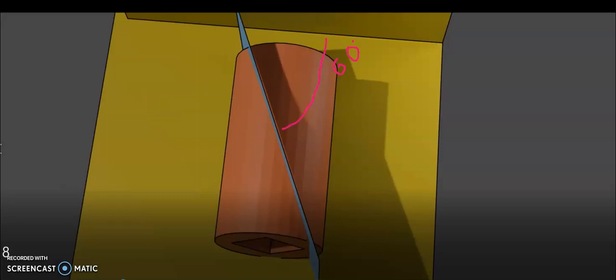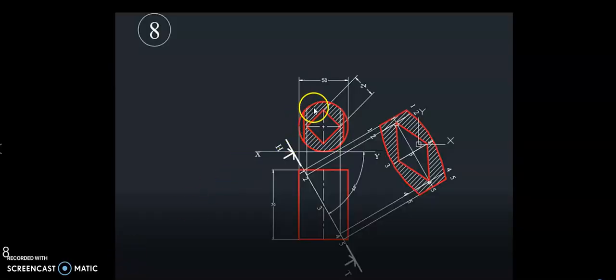Now let's look how it can be drawn. First we have to draw the front view. It's a circle, and also this square hole with all its edges equally inclined to VP, equally inclined to HP.